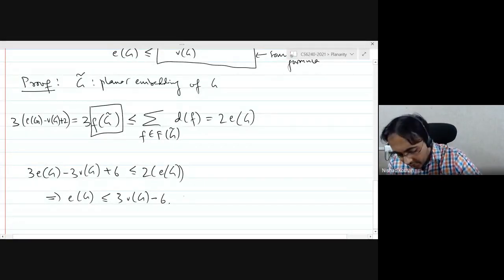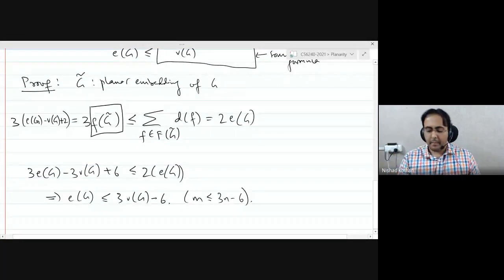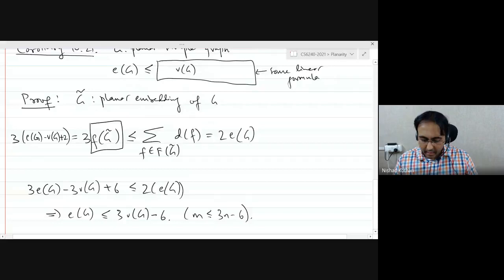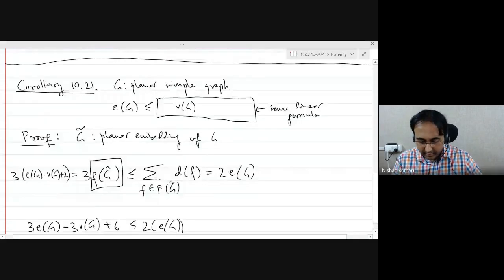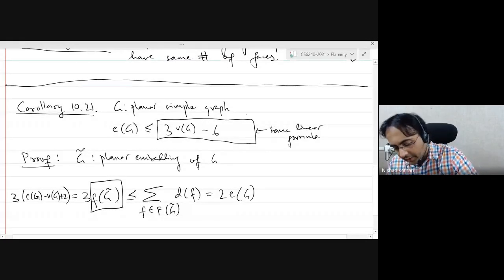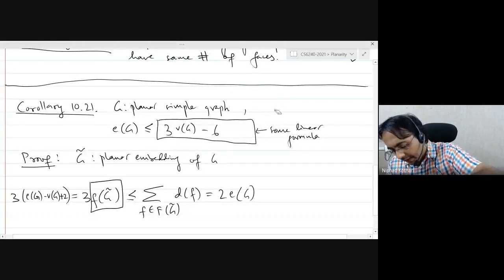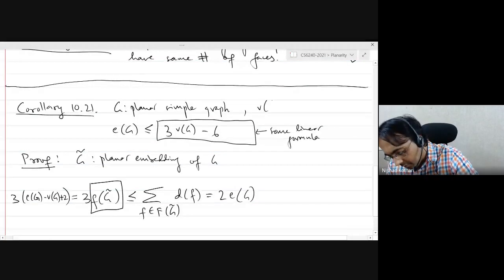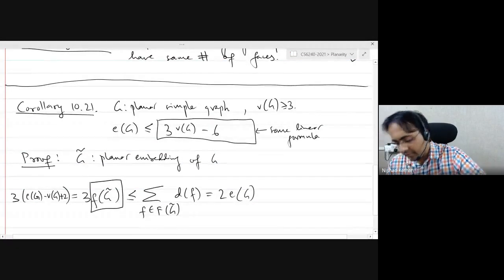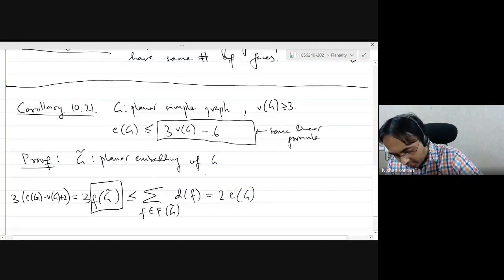In other words, m is less than or equal to 3n minus 6. Okay, and that is exactly the formula we have, so long as your graph has at least 3 vertices. This you need in order to establish this inequality.